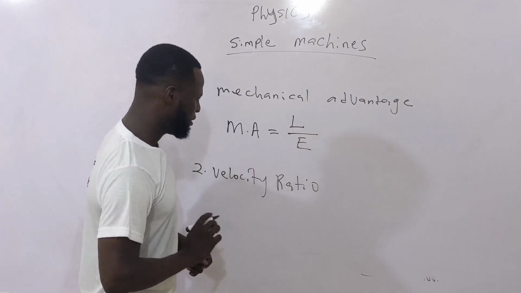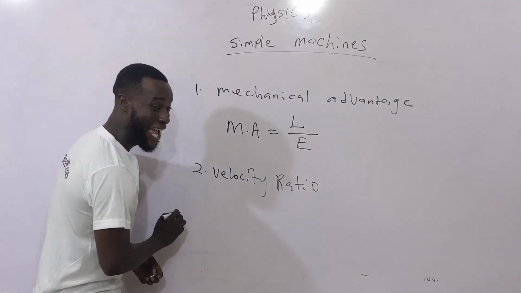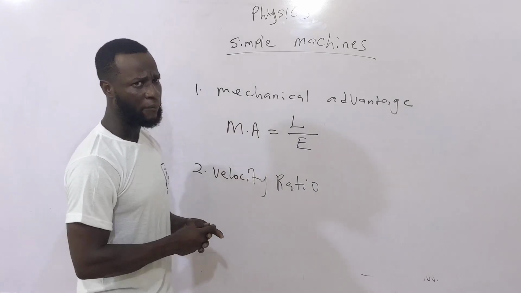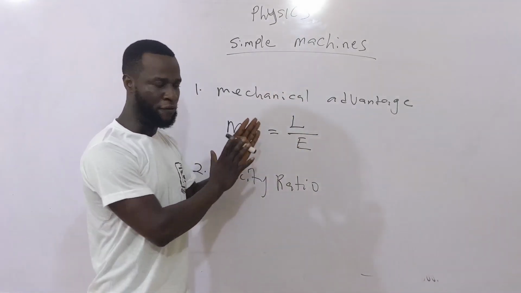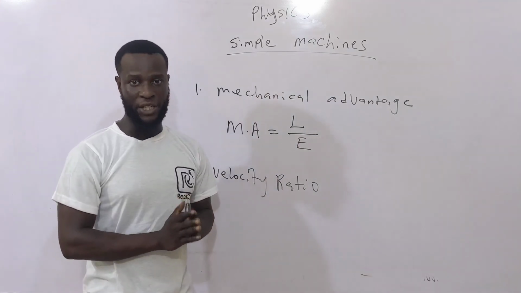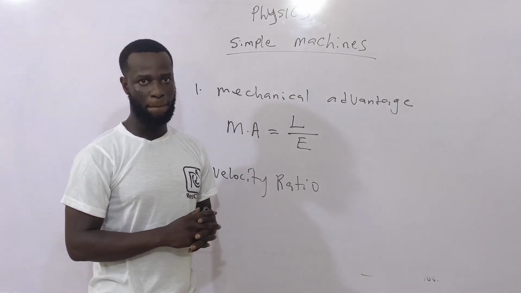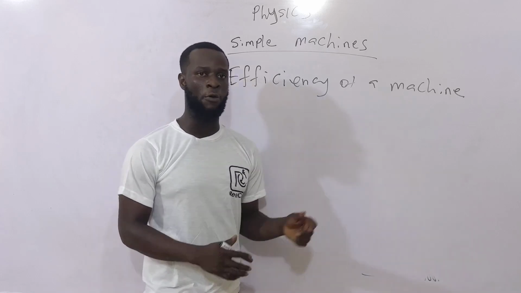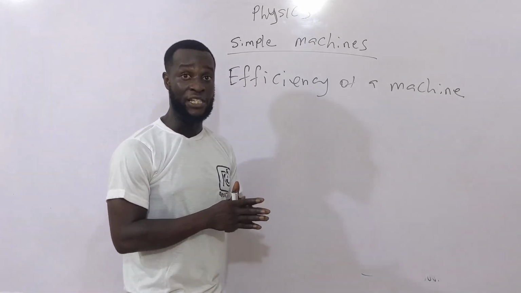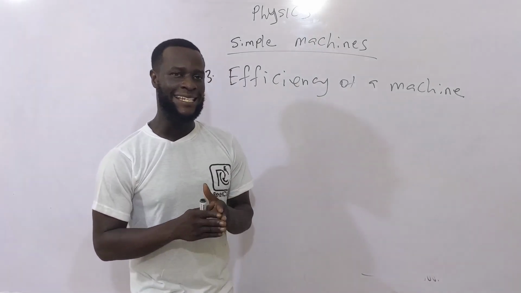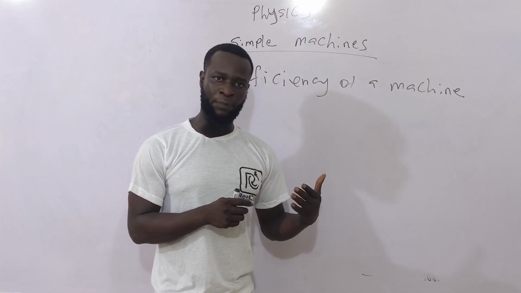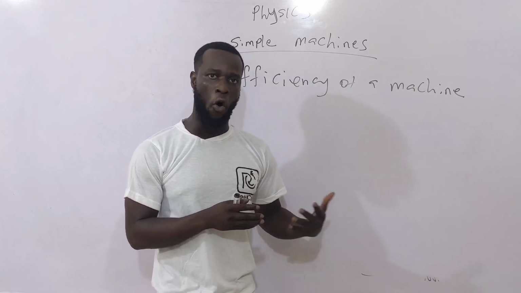The most important thing I would like to talk about again is the efficiency of a machine. I'll wipe this part so that we can see all the formulas I need to talk about. Now, the efficiency of a machine is defined as the work output over work input times 100.